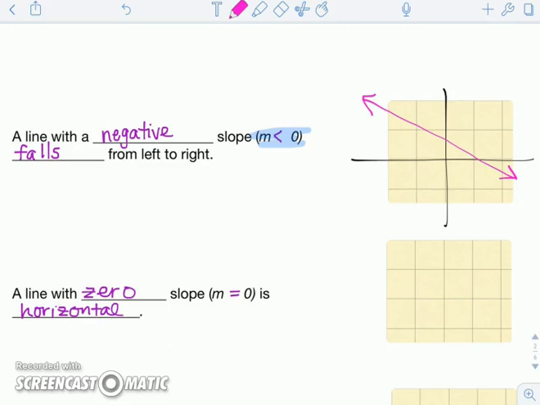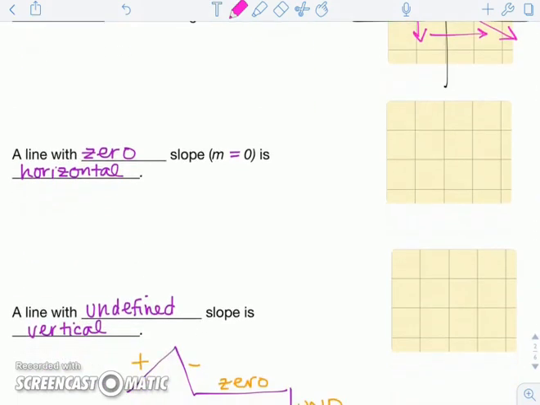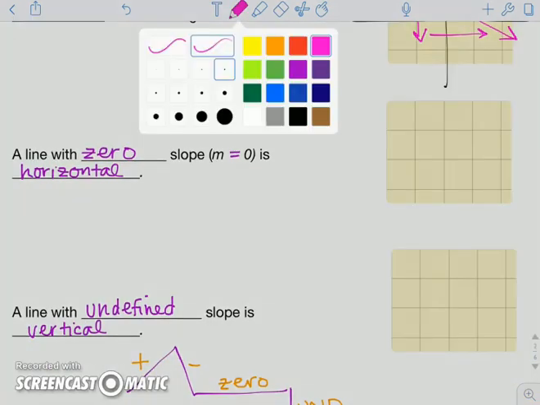Sometimes people who use that ski analogy are looking at a person who's skiing down the hill, which is nice and easy, doesn't take a lot of effort, nice, negative. The height is getting smaller as the x gets larger, a negative slope. The next is a 0 slope, so the slope is literally equal to 0. We just saw that.